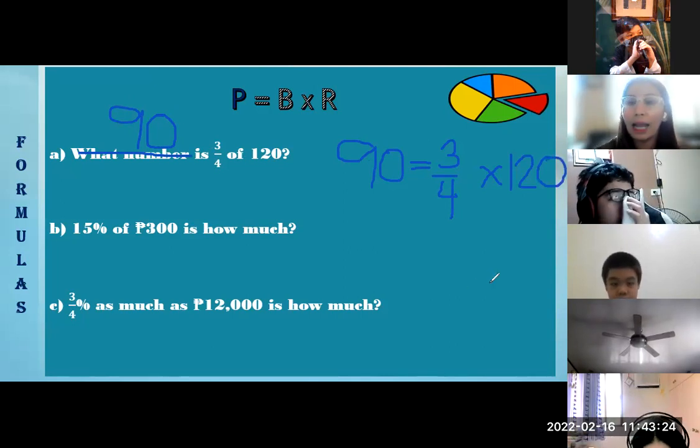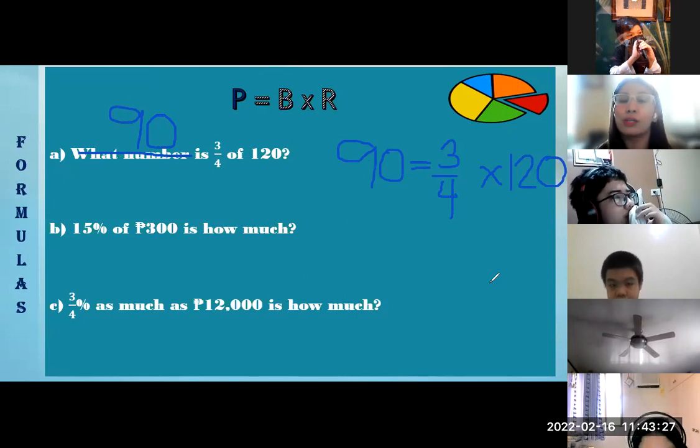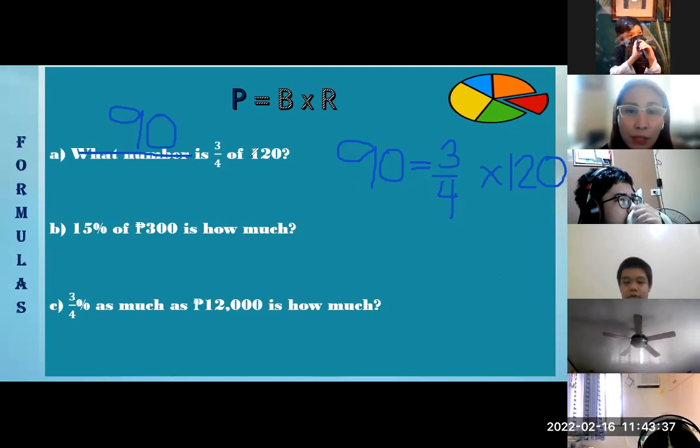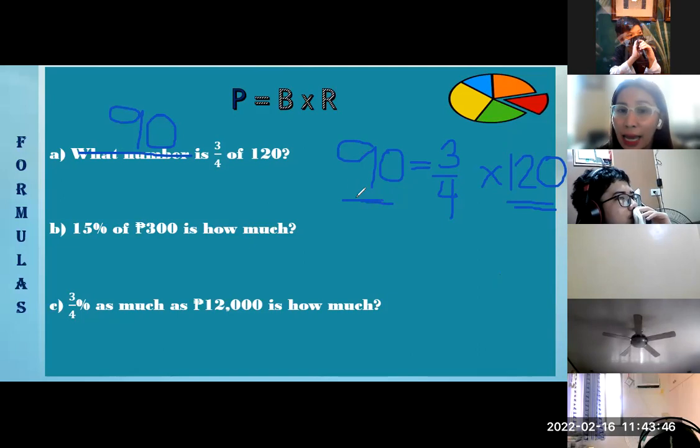Okay, 90 is 3/4 of 120. So therefore, 90 here is our percentage. And let's observe pa, one more observation, that base is higher than our percentage. Kasi percentage is just part lang po ng ating base. 90 is just part of our base, 120.